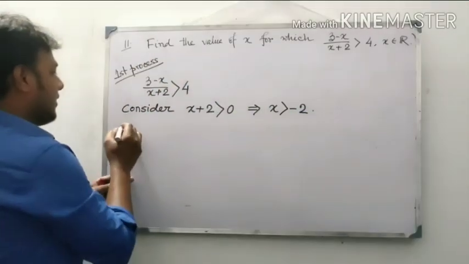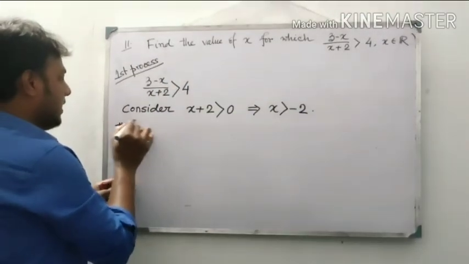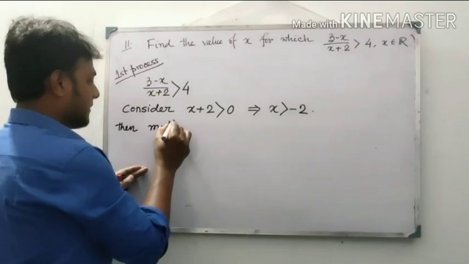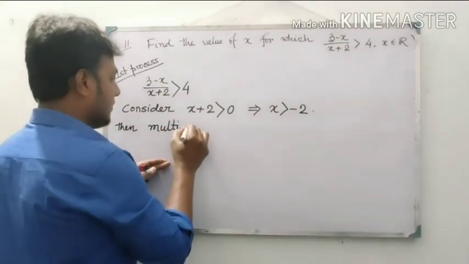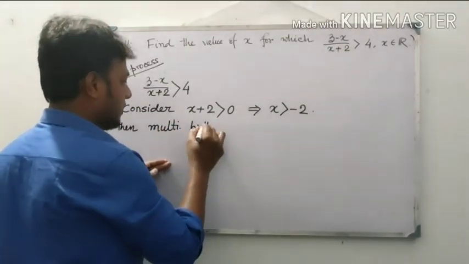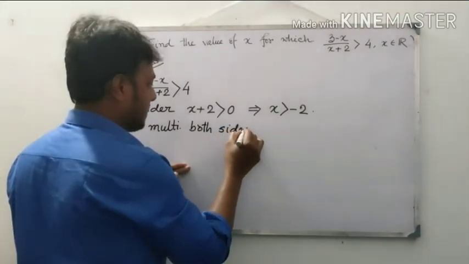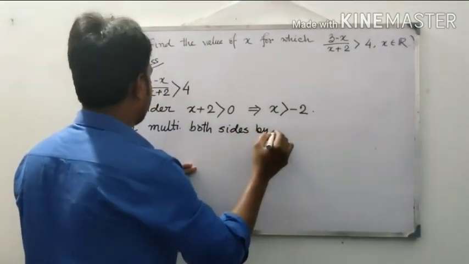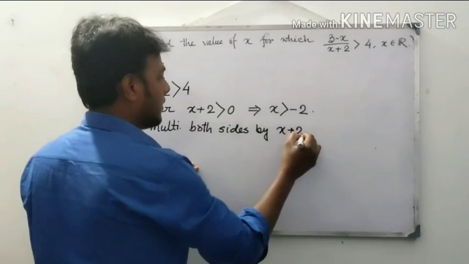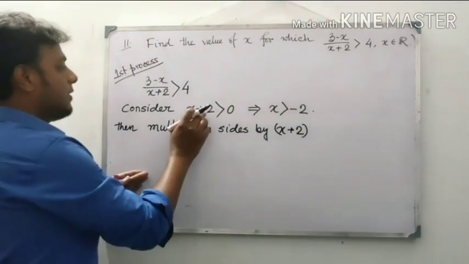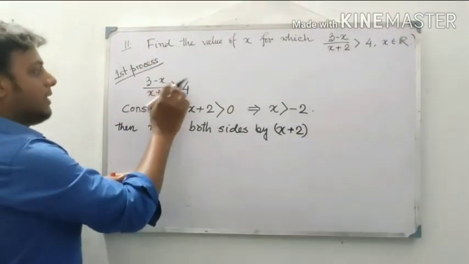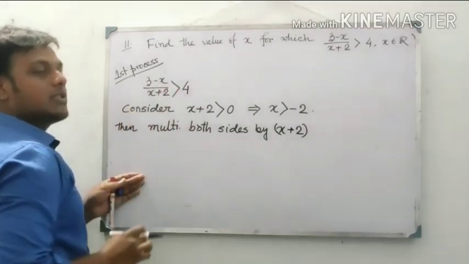Then multiplying both sides by x plus 2. Since we have considered that x plus 2 is positive, the inequation sign will be unchanged.